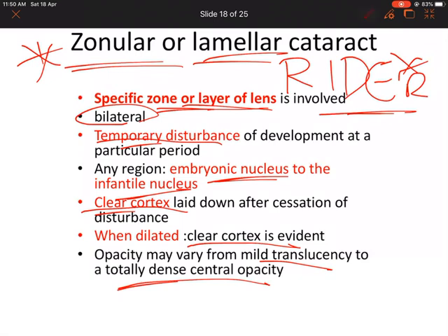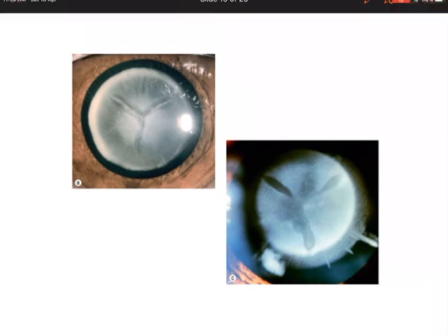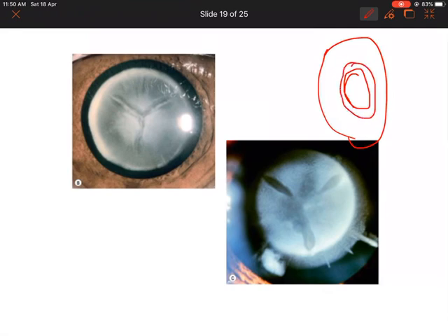For example, what this is trying to say is, when the lens fiber was being laid down, it was earlier clear. Suddenly, due to some metabolic disease, some part of the lens, when it is laying down, becomes opacified.